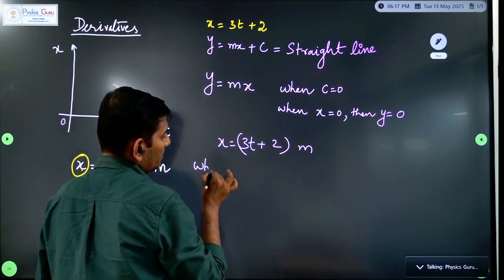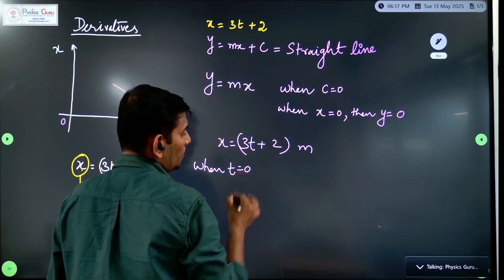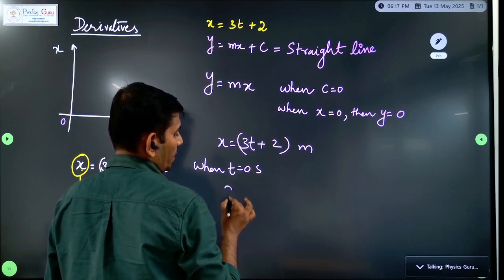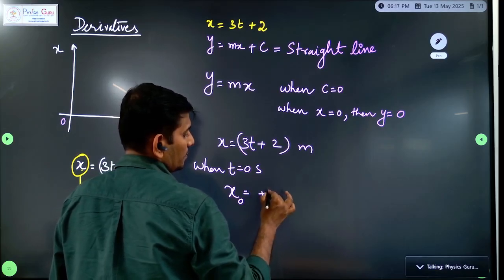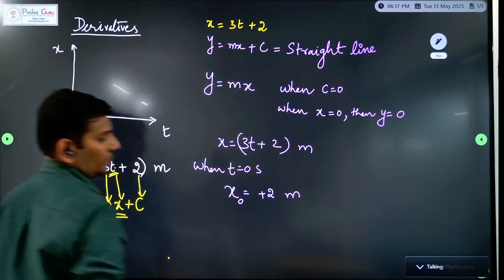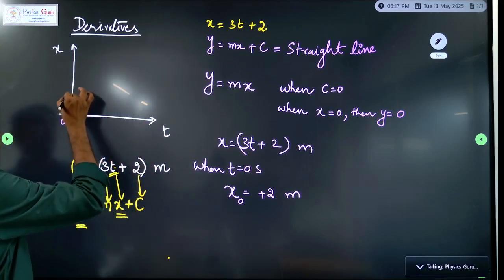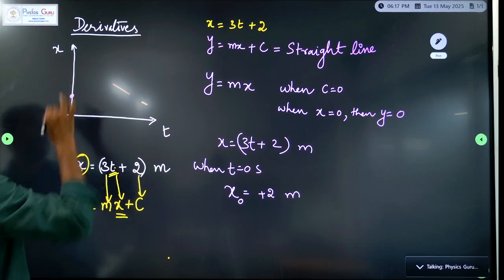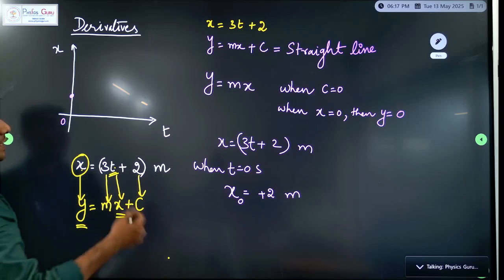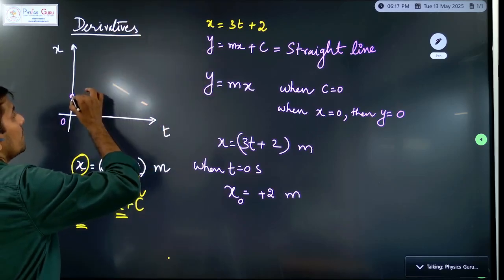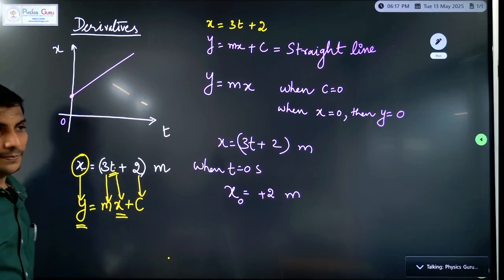When t is equal to 0 second, x turns out to be 3 times 0 second plus 2 meter. Correct? So my graph starts from here and then it has to progress. In which way? It has to form a straight line.